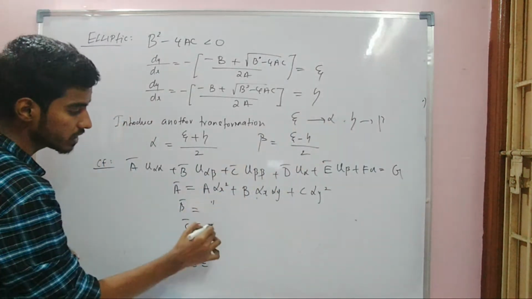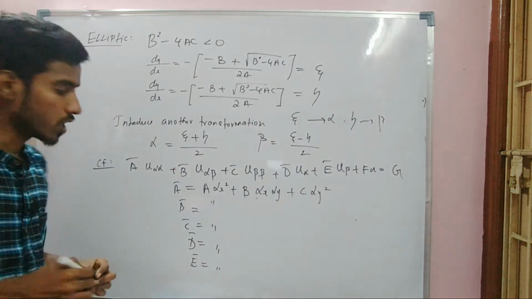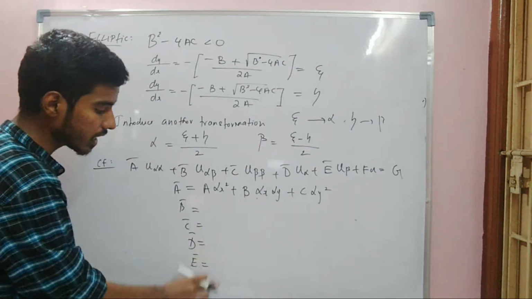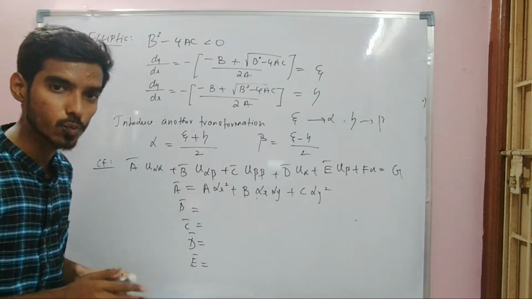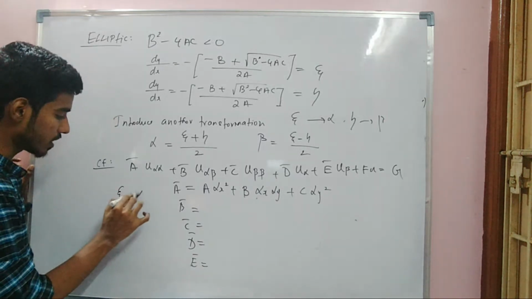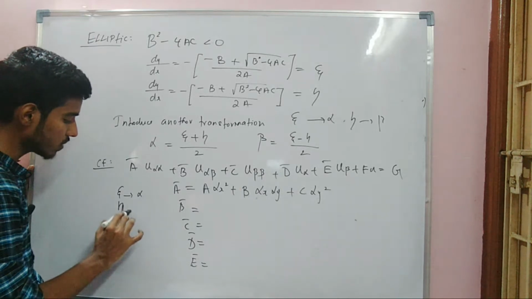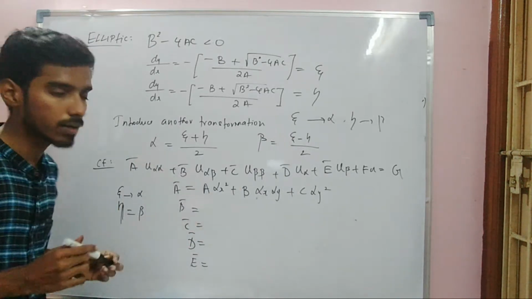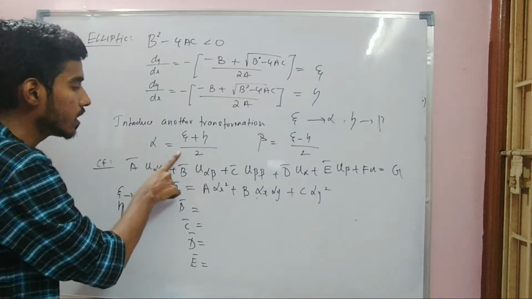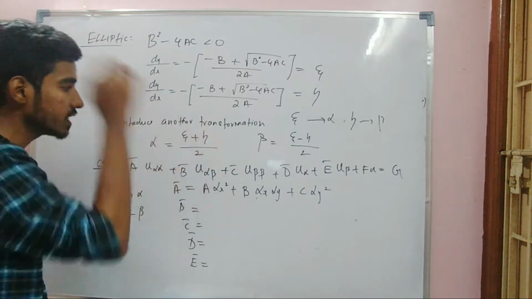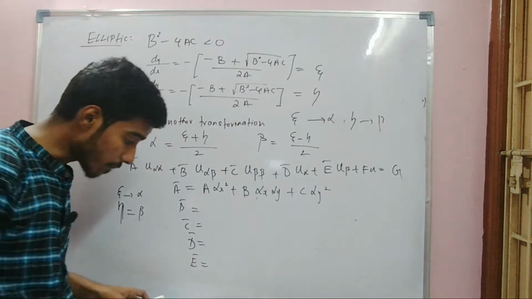You can proceed with all the formulas from now on, right? You just change theta to alpha and eta to beta in all the formulas, and you will get the canonical form. That's it. You have to make only one transformation: alpha equal to theta plus eta by 2, beta equal to eta minus theta by 2.